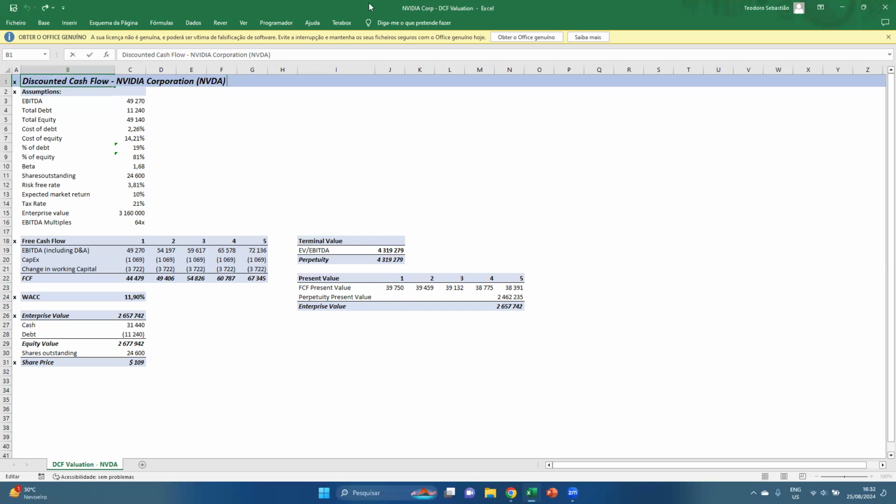First we have to calculate our free cash flow, as we have here. Then we have to calculate our weighted average cost of capital. Sorry if I didn't pronounce it well. It's just because I'm learning and practicing English that my English is like this.